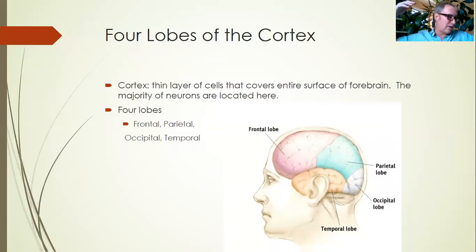And the occipital lobe processes all that visual information. The temporal lobe, as you can see, is right above the ears. So as you probably guessed, it does process hearing and information that we need to be able to make sense of spoken words. That is all I have for this section. I hope this has helped.